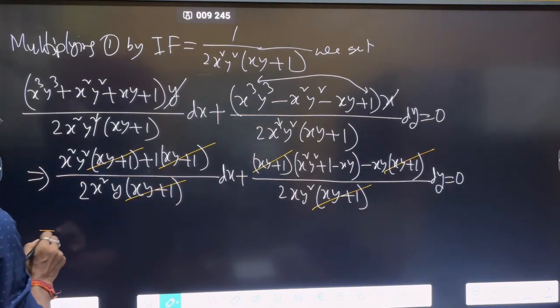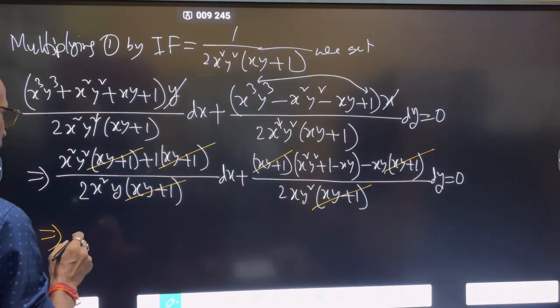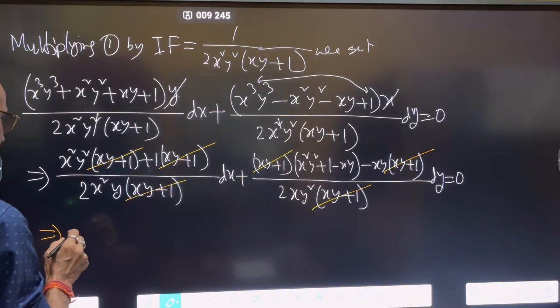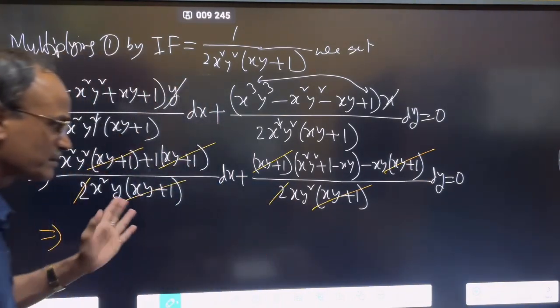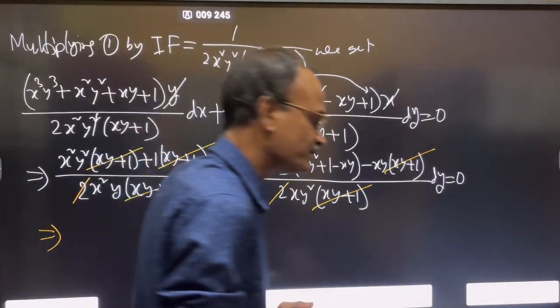This means x square y square plus 1. Now these two, you may cancel these two also.